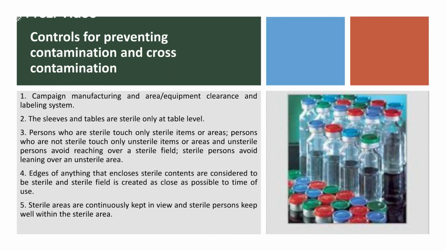So total sterility is maintained, and every step has to be done in a way that it remains a continuous cycle. So once one product has been manufactured, the area is thoroughly cleaned before going ahead for the second manufacturing. So the production procedures have been arranged in such a way that there is total sterility while doing the operation. So sterile areas are continuously kept in view, and sterile persons stay well within the sterile areas.